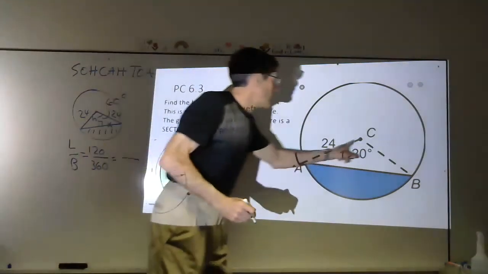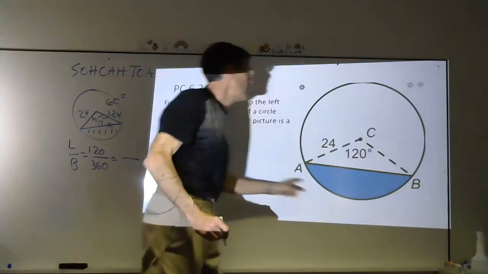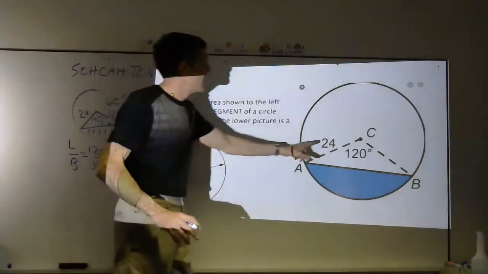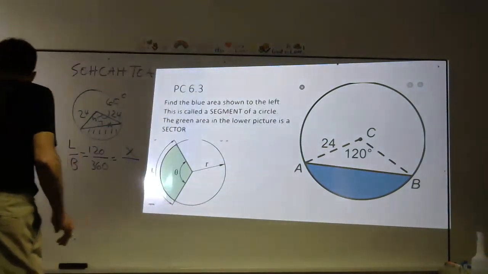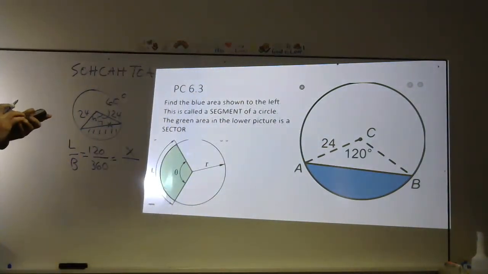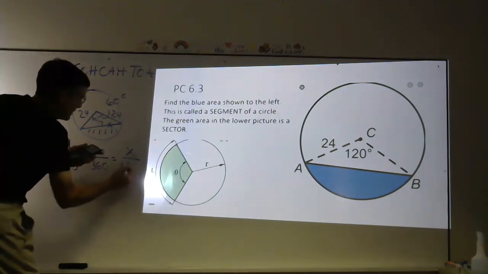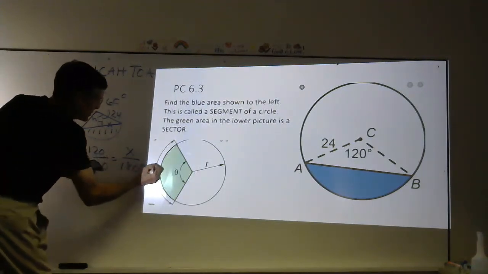The little area I don't know. The area of the whole circle I can get because I have the radius. So it is pi r squared, which would be 24 squared times pi, and I get 1808.64.